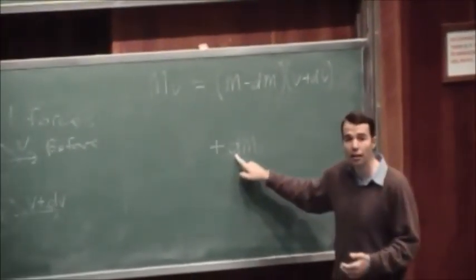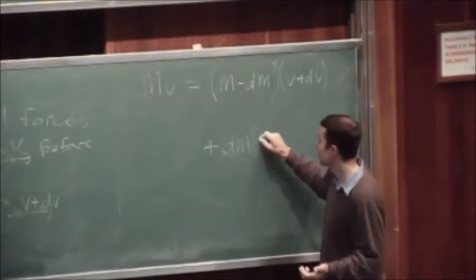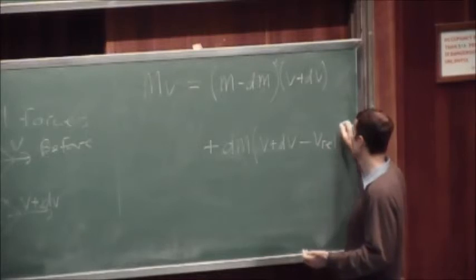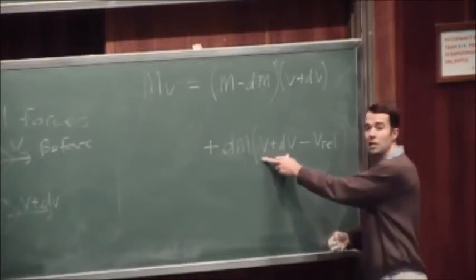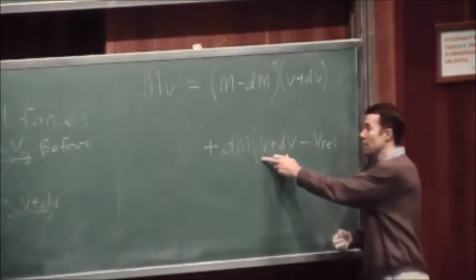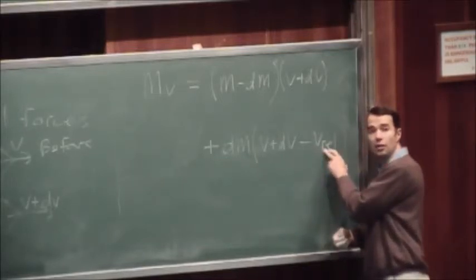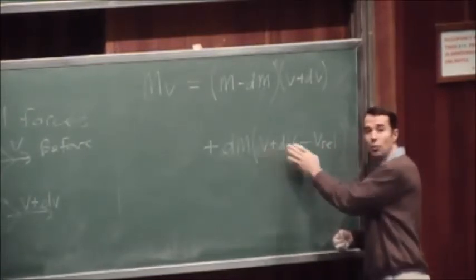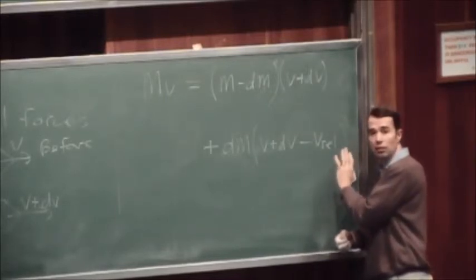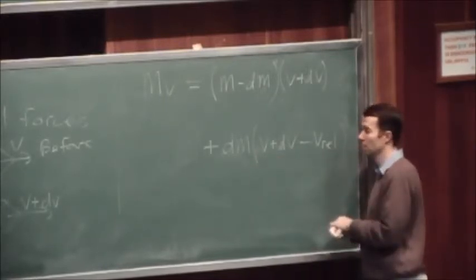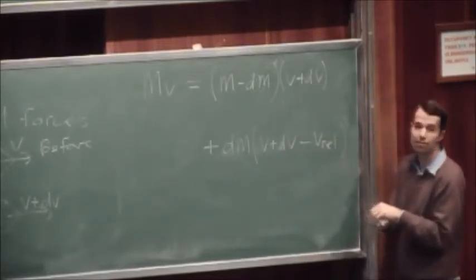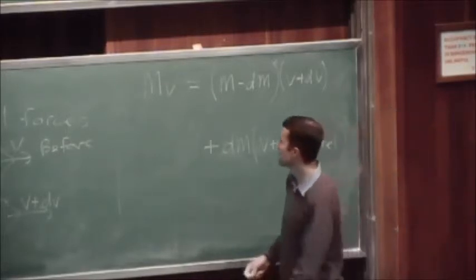Times v plus dv minus v relative. This rocket has increased from v to v plus dv, but the velocity of the mass coming out of the back is the velocity relative to the ship moving away.